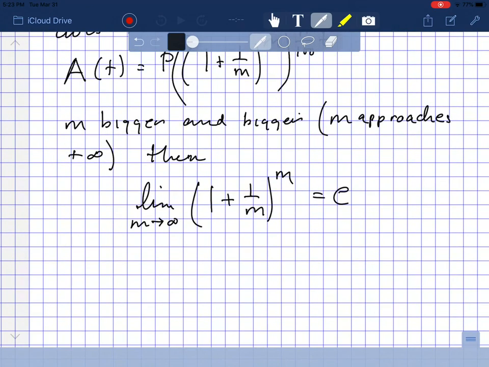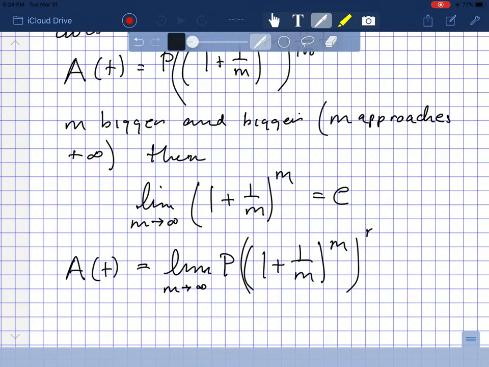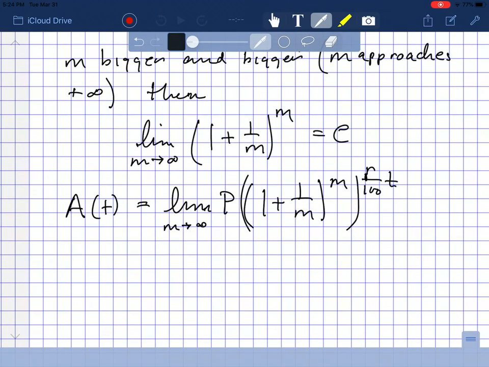So the limit here, as m approaches infinity, this quantity in here approaches e.